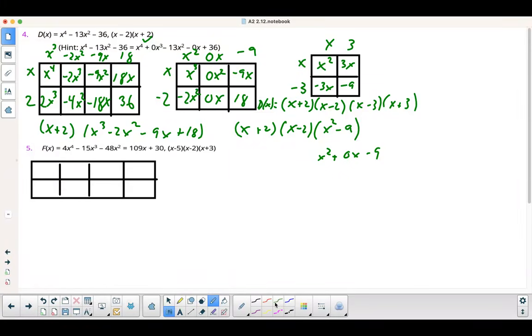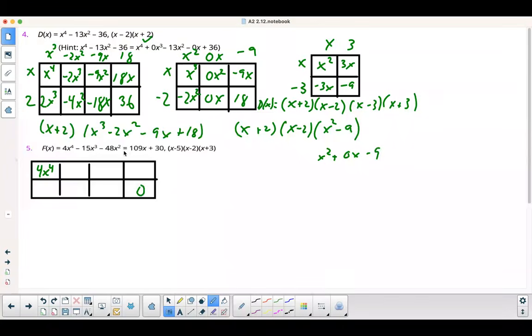All right, we are going to write our first term right here, the 4x to the 4th. We'll put our constant over, actually our constant's 0.